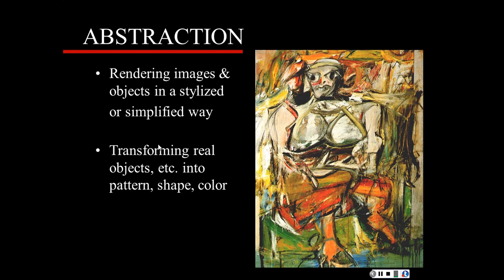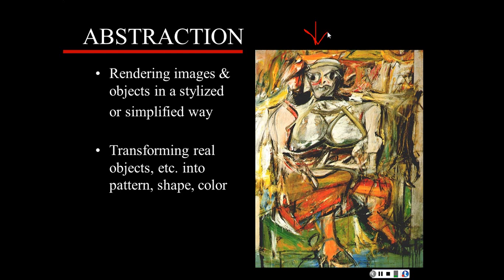So it really starts to transform these objects into pattern and color and shape and line. So it's stepping away from that representational, realistic into something that is kind of in between, a little bit between representational and non-representational. So often you can recognize something within it, but not always.